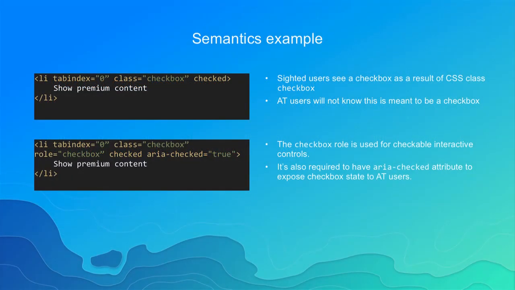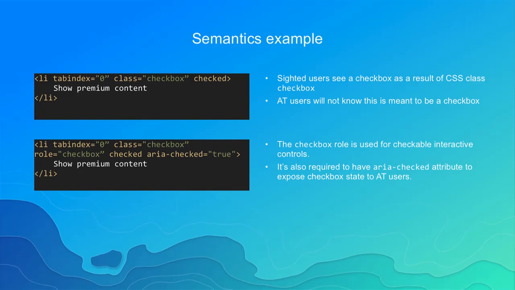We have this example here where people who are not visually impaired, in the top example, see something as a checkbox. But people using a screen reader to access that information do not know that it's a checkbox. We have not told the screen reader in any way, shape, or form that the top item is a checkbox.